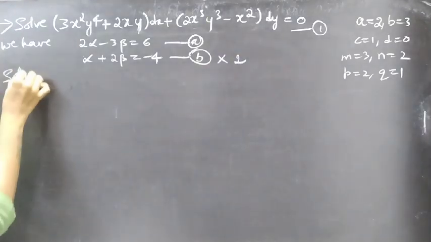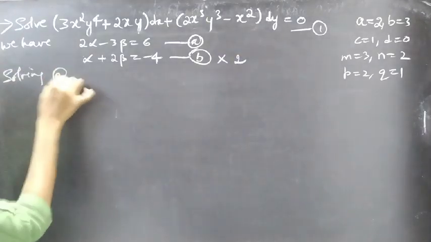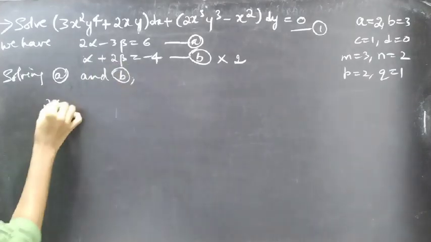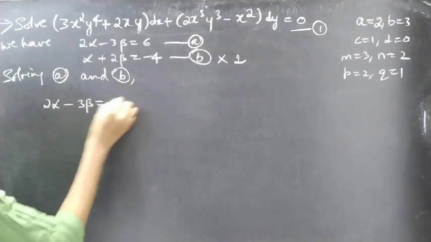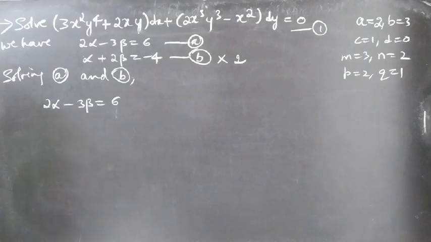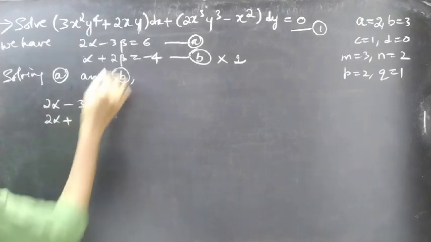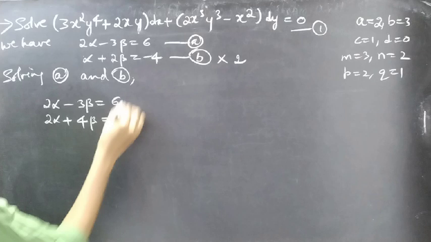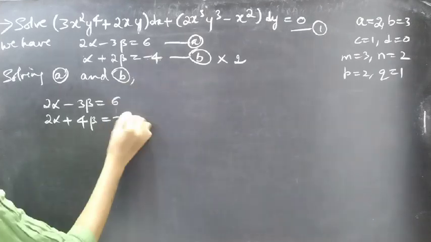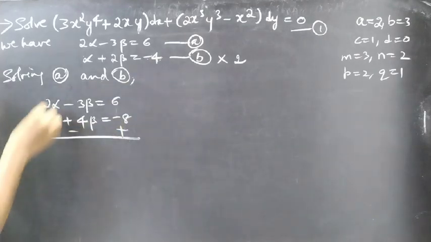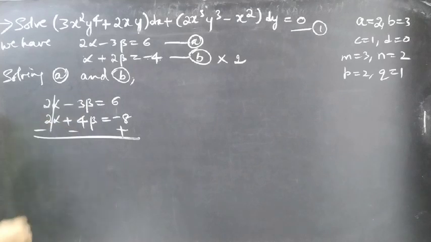Now solving A and B. Equation A will remain same and equation B is multiplied by 2. You'll get 2α plus 2 twos are 4β equal to minus 2 fours are 8. Change the signs. Here 2α minus 2α gets cancelled.